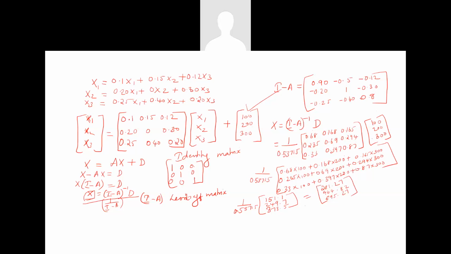You are formulating the problem, translating that into matrix format, and applying the inverse method. Based on that you find the solution, how much quantity of various products must be produced by each sector.